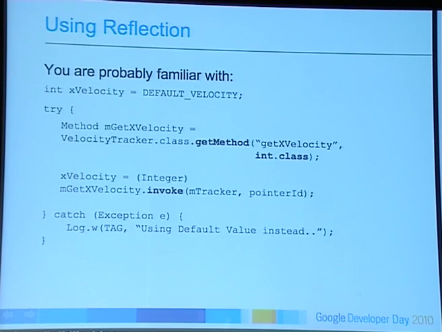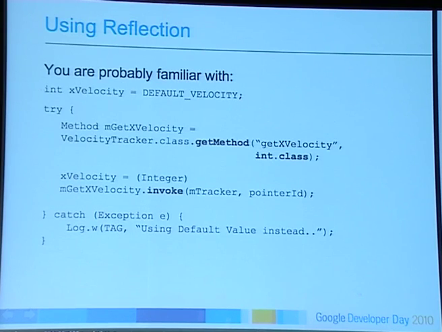The problem is, this is actually a bad idea. You may have heard Dan mention that earlier. Dalvik and Android have a lot of features to optimize the bytecode. It has just-in-time compilation. Anytime you do something like this, where you dynamically look up methods and you call methods, it does work, but it's really slow.